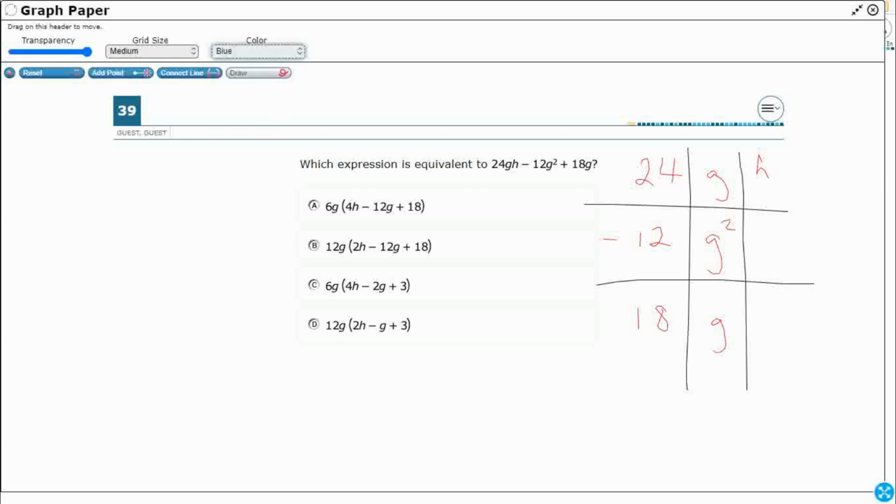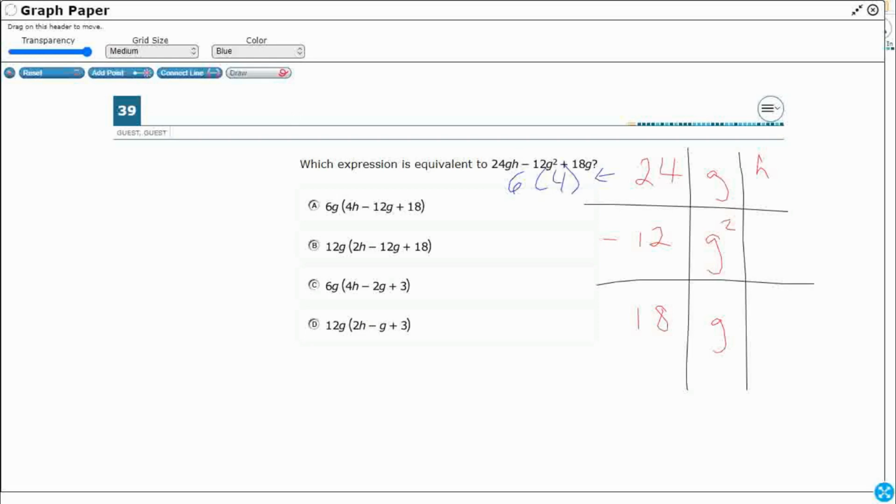But let's take a look at our coefficients here. I've got 24, I've got a negative 12, and I've got an 18. My thinking is, what is the largest factor that I can pull out of each of them? Well, I could divide by 2, but I'm thinking I can get something bigger. I can get a 6. So that 24 would be 6 times 4.